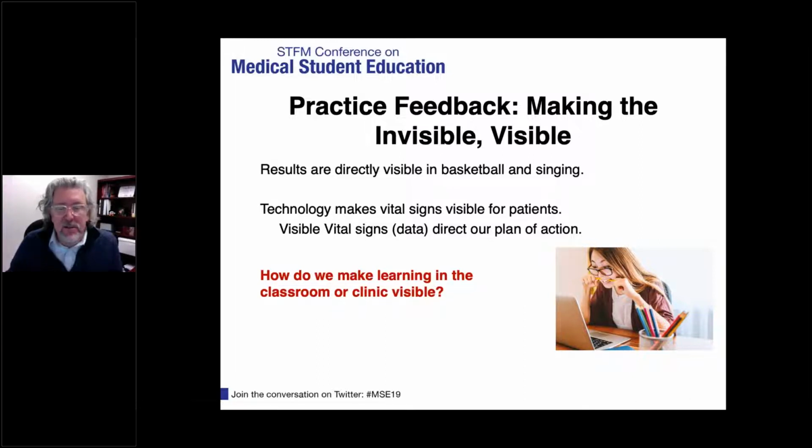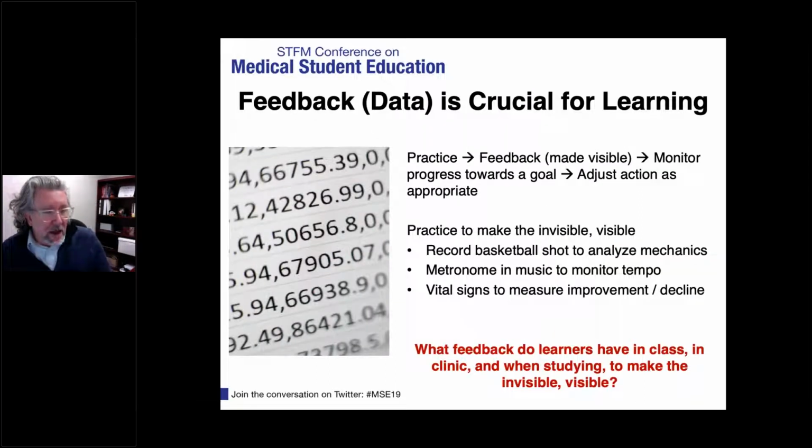Before I answer that question, I want to talk about the importance of feedback. When we practice, whether it's Q banks or reading about various cases, it's not just so that we can get the experience, it's so that we can make our performance visible, right? Because when I take a test, I know the percentage I got right and wrong.